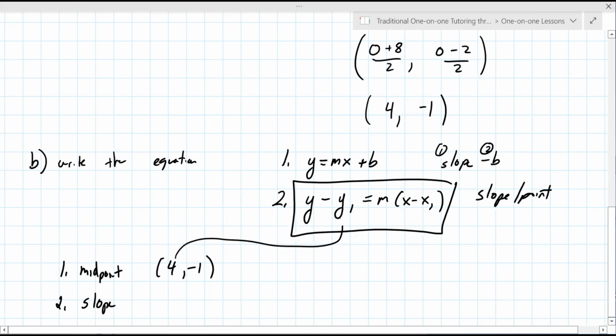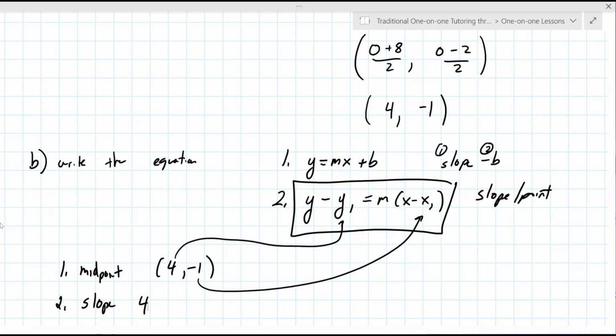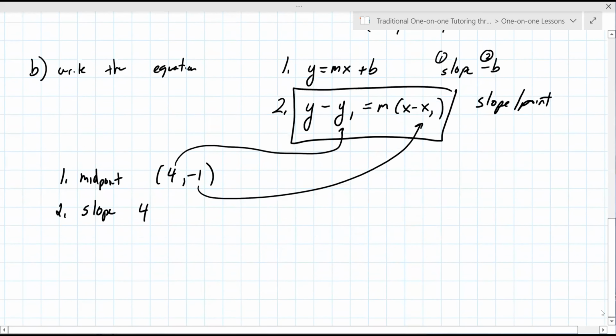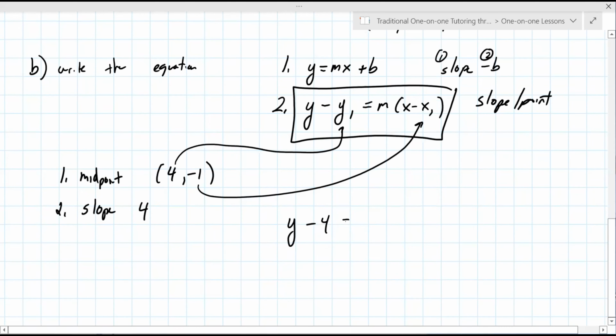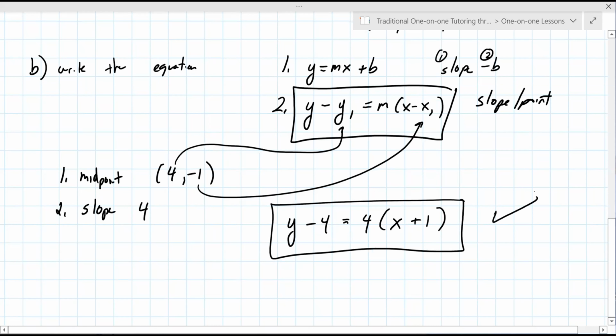So the 4 goes in y1, the -1 goes in x1, and the slope we found was 4 as well. We have to write the equation, and you've got to be comfortable writing it. So it's y minus 4 equals 4 times (x plus 1). If you write this, then you're good for part B.